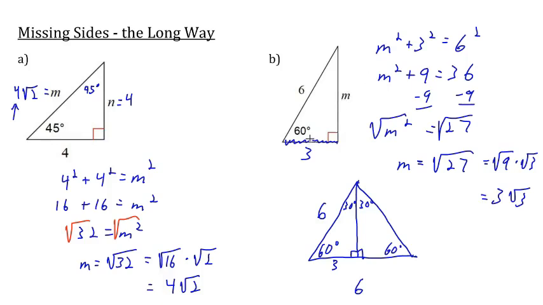All right, so when we had a 30, 60, 90 right triangle, we had a hypotenuse of 6. The shorter leg was half of that, and the longer leg turned out to be 3 times the square root of 3. Now, it's not a coincidence that this 3 that was here also appears here. Okay, we're ready for our shortcuts.